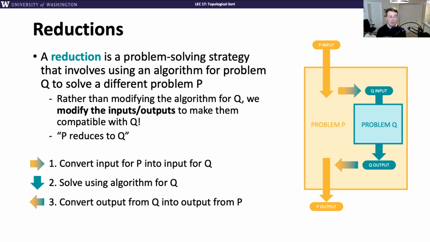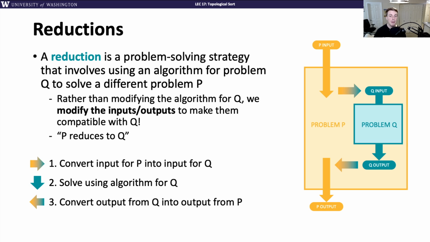So we're going to talk about these reductions in very abstract terms. You're trying to solve this problem P that you don't know how to solve quite yet, and a reduction is changing the input for problem P into some input that you could use in an old problem you already know how to solve, call it problem Q, running the algorithm to solve that problem, and then taking that output and changing it into some output to solve the original problem.